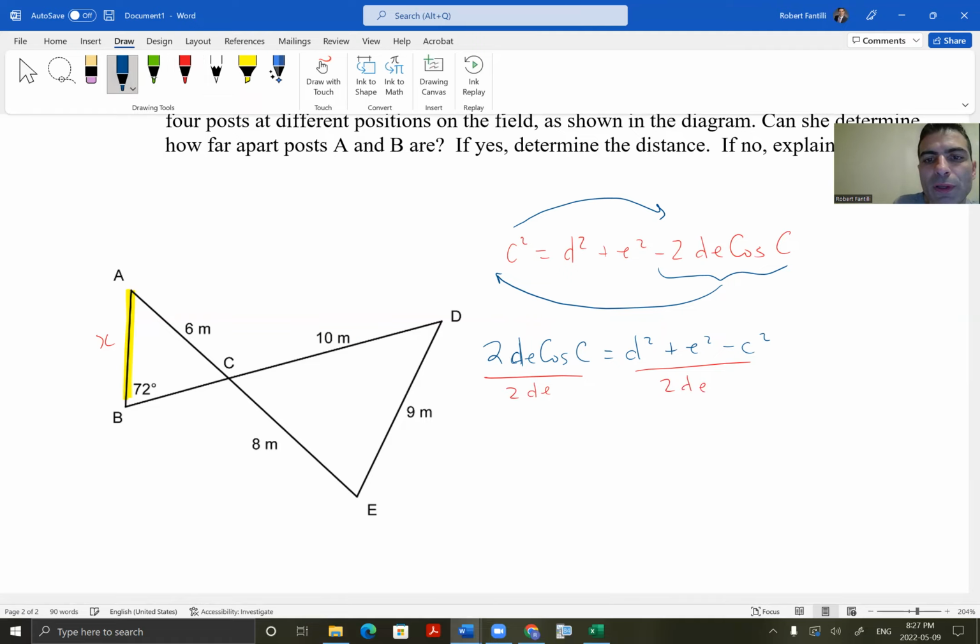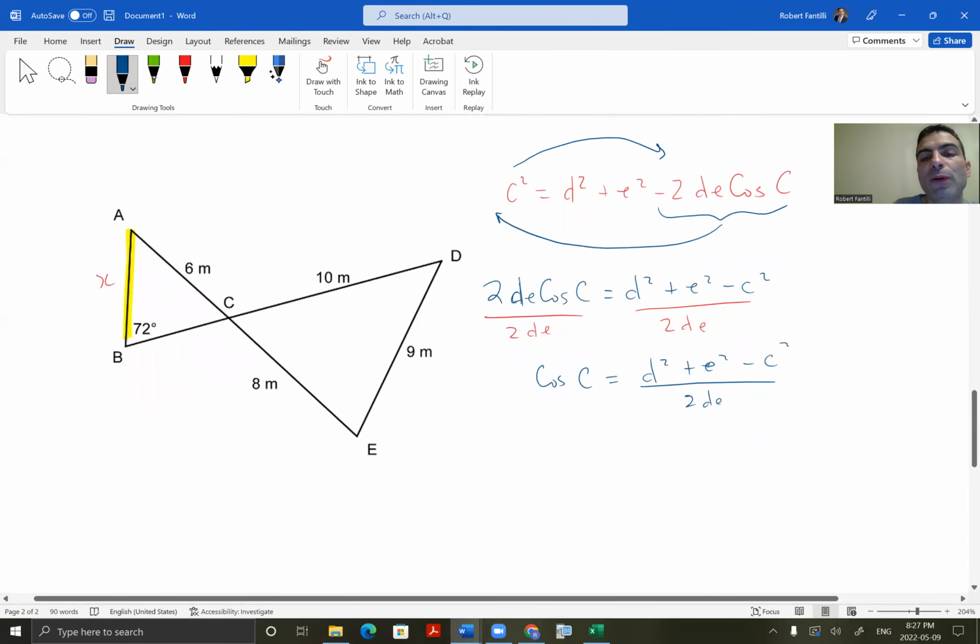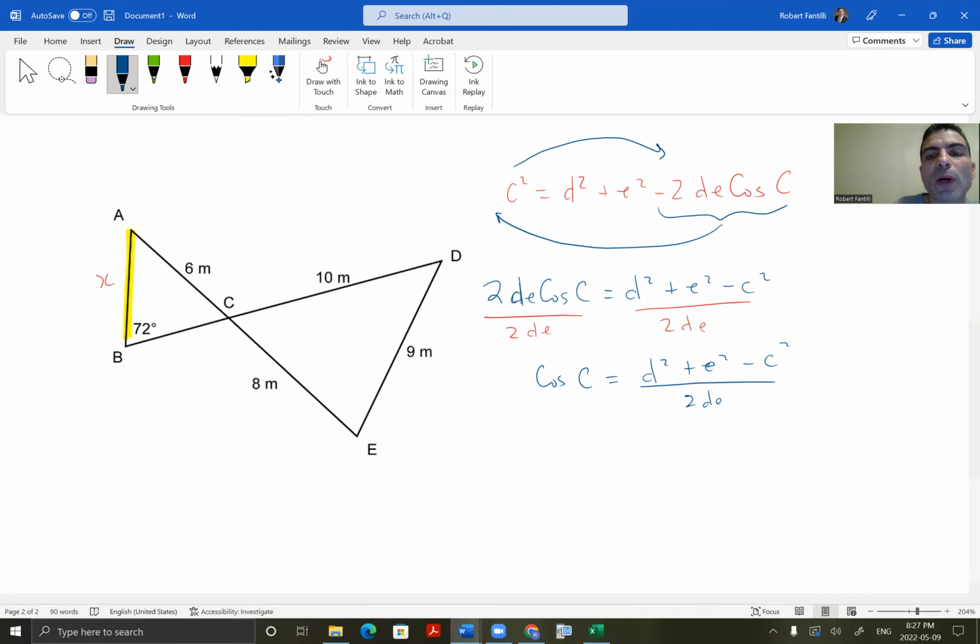And we end up with cos C equals D squared plus E squared minus C squared all over 2DE. But again, remember, cos C is the ratio. We want C. So C is going to equal the cos inverse of D squared plus E squared minus C squared over 2DE. That is rearranging the formula.